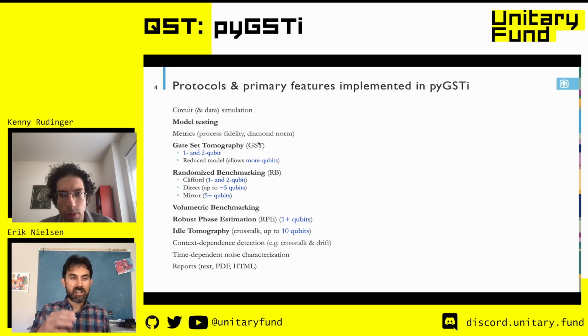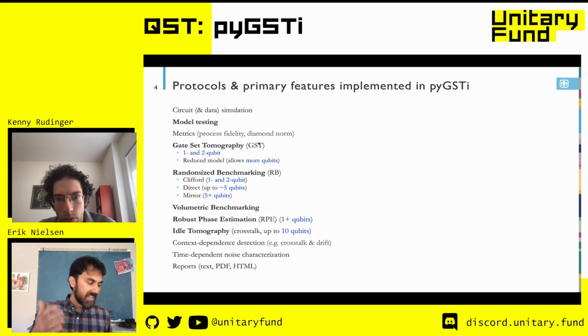We'll touch on some of them, mainly gate set tomography and randomized benchmarking, a little bit more. But a key piece here is to realize that though pyGSTi has GST in the name, which stands for gate set tomography and is just one of these protocols, it has now grown into a suite of protocols that is much more than just gate set tomography. So this is, again, the what of pyGSTi.